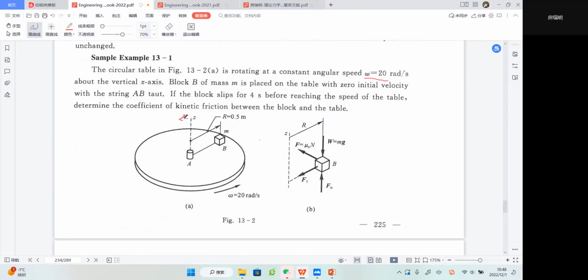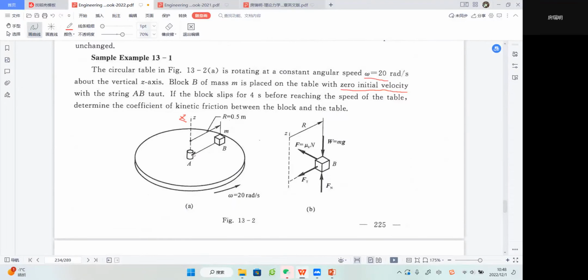So this is the axis. A block B with mass m is placed on the table with zero initial velocity. We just let it start from rest on the table with the string AB taut.